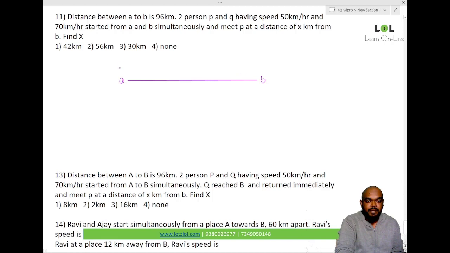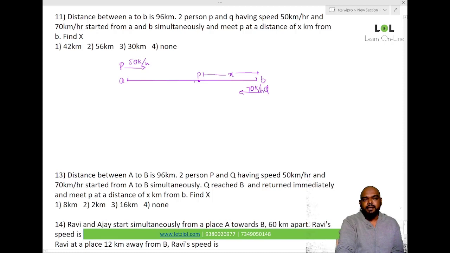It means P starts from here with a speed of 50 kilometers per hour, and Q starts from here with a speed of 70 kilometers per hour, and they meet at point P at a distance of x kilometers from B. Let us consider this as point P, which is x kilometers from B, so this distance is x. What is he finally asking? Find x. We need to find this distance.